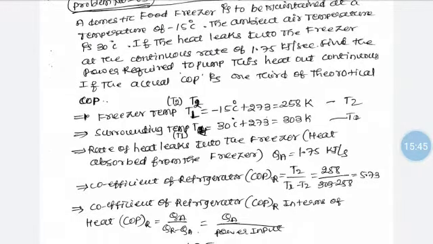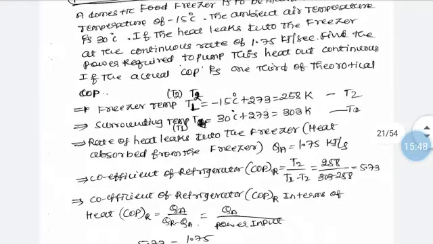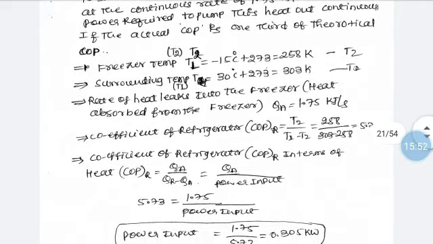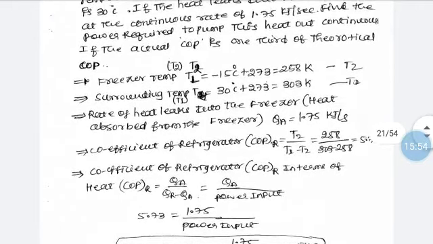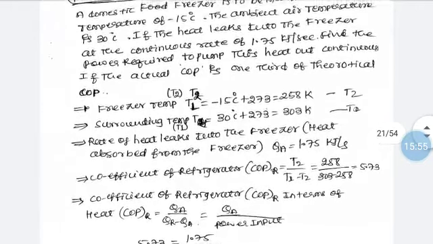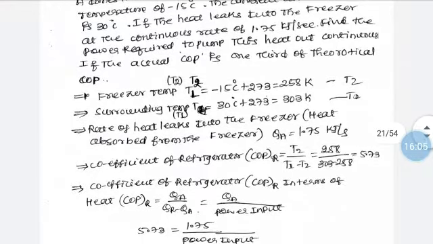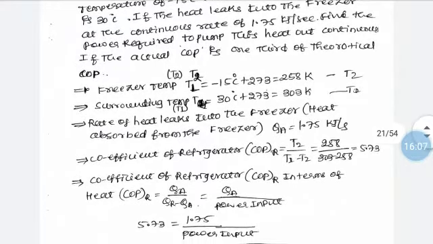Find the power required to pump this heat out continuously if the actual COP is 1/3 of the theoretical. So freezer temperature is T2. Freezer temperature is minus 15, so it is the sink. So T2 is minus 15 degrees Celsius plus 273, we add 273 to convert degrees Celsius into Kelvin, that is 250 Kelvin, T2.